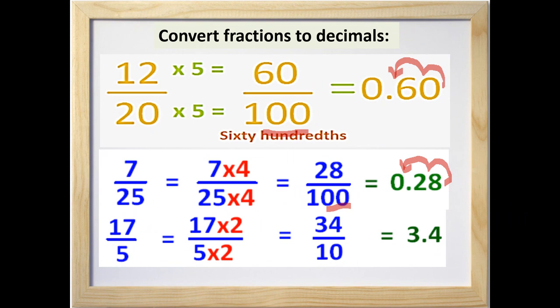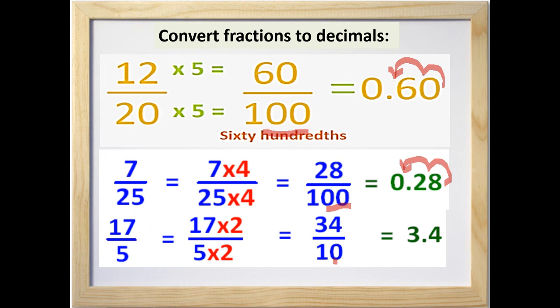Now let us take the third example, 17 by 5. We have to convert this into an equivalent fraction where the denominator is 10. So we will multiply both 17 and 5 by 2. So 17 twos are 34, and 5 twos are 10. And now here in 10, how many zeros are there?